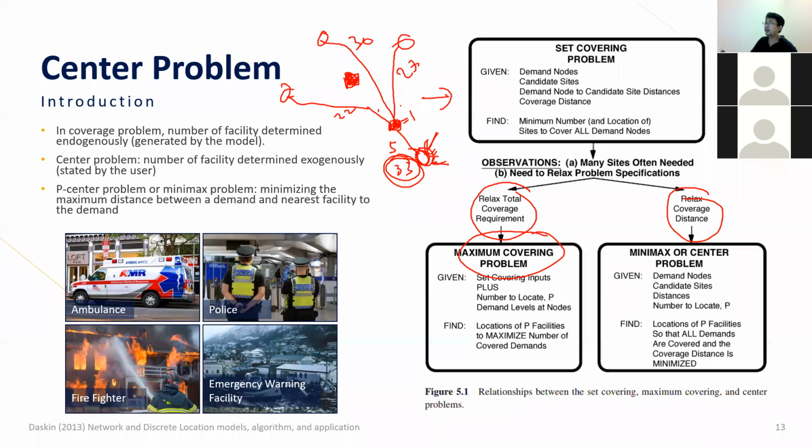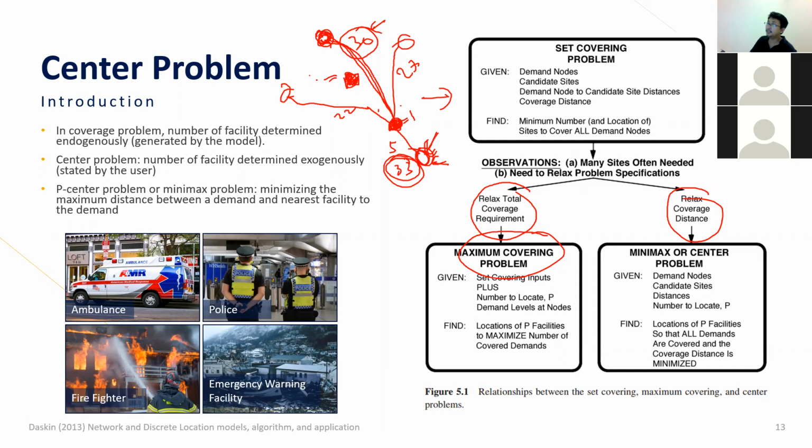Now if you select this one as the facility, the customer with the poorest service is this one, because the distance is 30. If you want to serve this customer, the distance is 30.